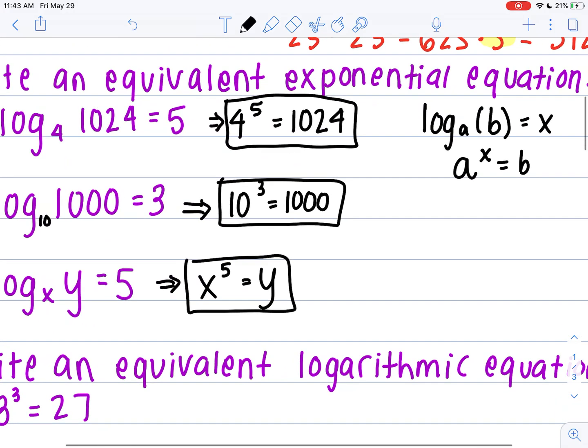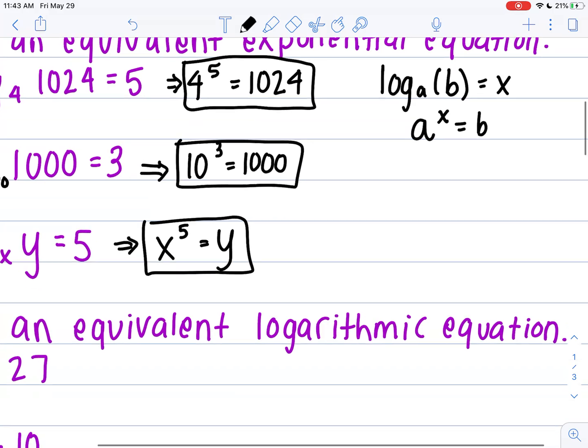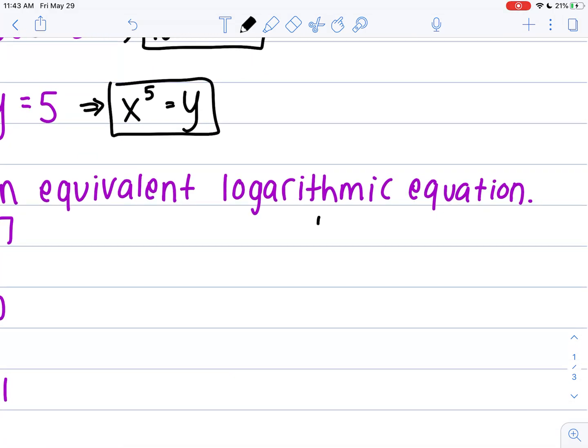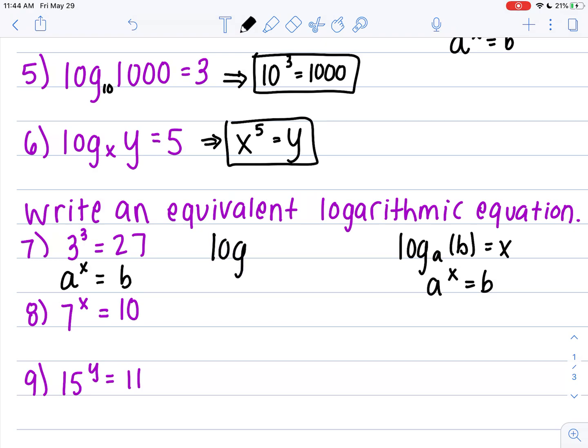Now we're going to go the opposite. So we're going to use these equations. I'll rewrite it down here, except we're going to go backwards. So this time they give us something that looks like this, and they want us to get here. So if I wrote this as a to the x equals b, do you see how my a is? So I'm going to write log, and then I'm going to leave a space and write equals.